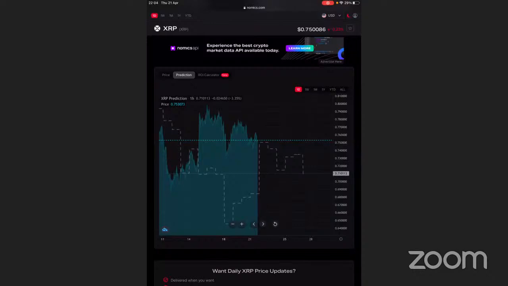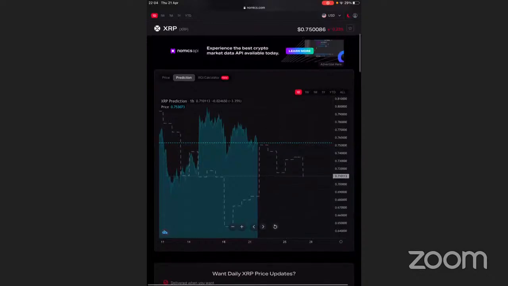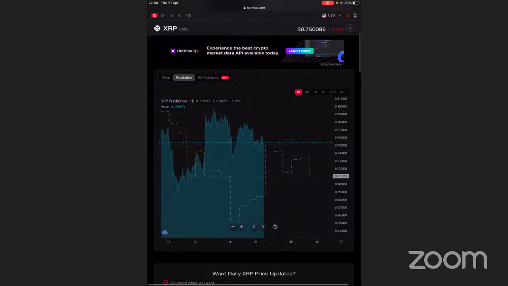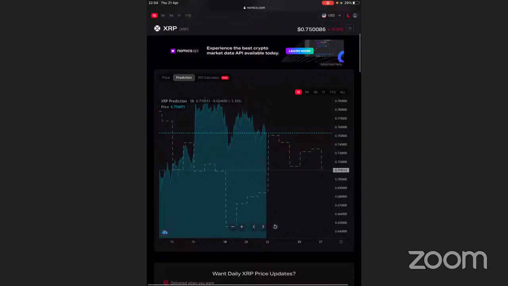So here we can see that this coin, from the 19th of April, has been steadily going up. Sorry, my screen is not responding anymore. Do we see? We are using the prediction, these dotted lines.